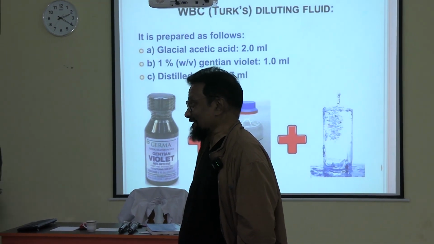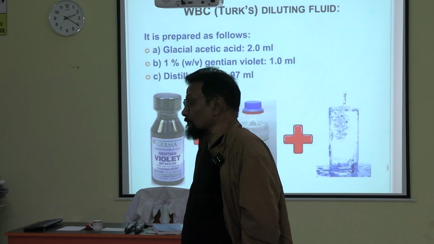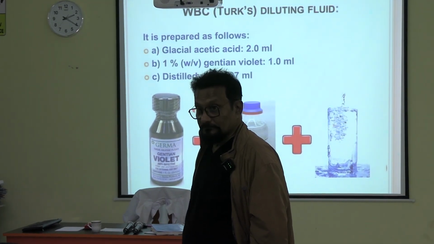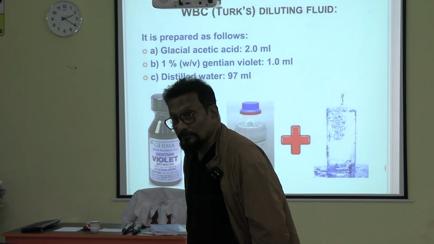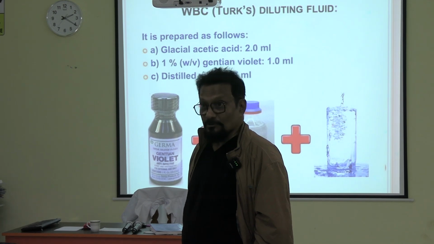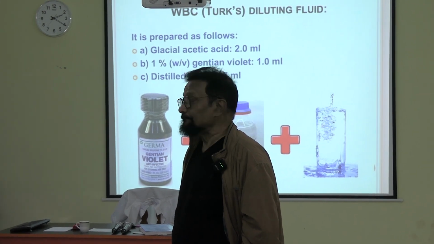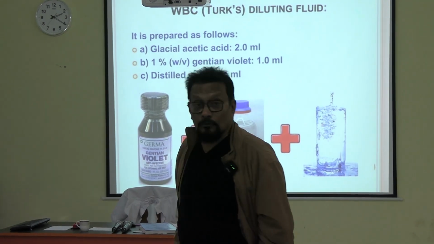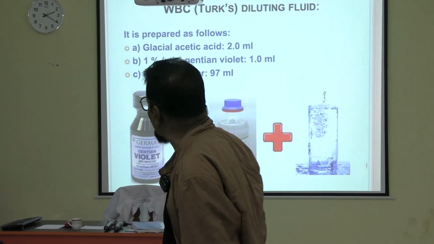See the confusion. Somebody is telling 0.1, somebody is telling 1 gram. 1 gram. Are you sure? Now you are sure it is 1. So this way, what does W by V mean?